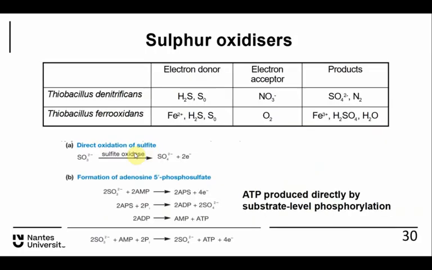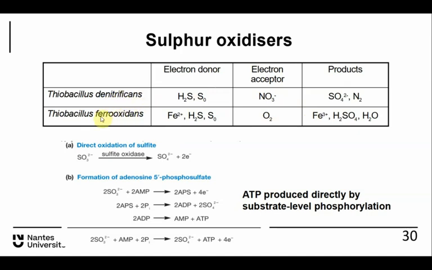Now, how about sulfur oxidizers? These are bacteria which make a living by oxidizing reduced forms of sulfur like hydrogen sulfide or molecular sulfur, which you can find in some mines. And once again, there are some sulfur oxidizers which are aerobic, they require molecular oxygen, and others which are anaerobic.